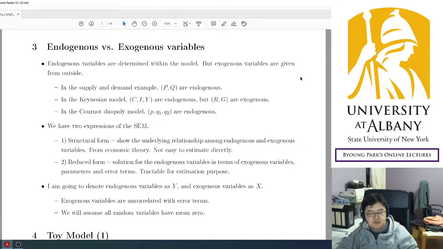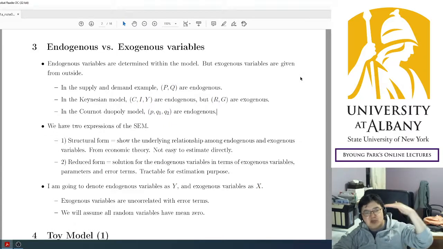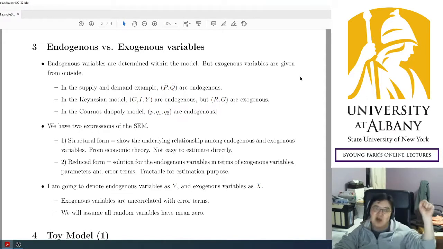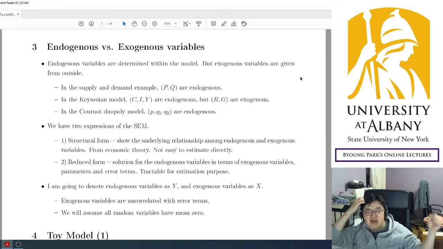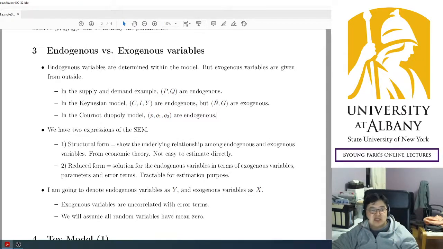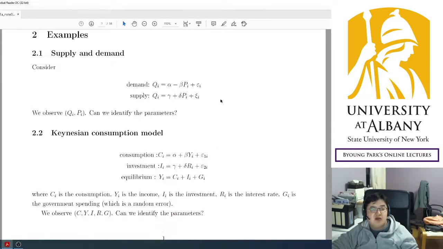Because simply each equation determines one variable. There is an order. Z determines X, and then X determines Y. So it's simple, and there is no reverse causality. Z affects X, X affects Y, but not the other way. Y may affect X, but that is not allowed in the triangular equations model. But in general, in a simultaneous equations model, they may determine each other.